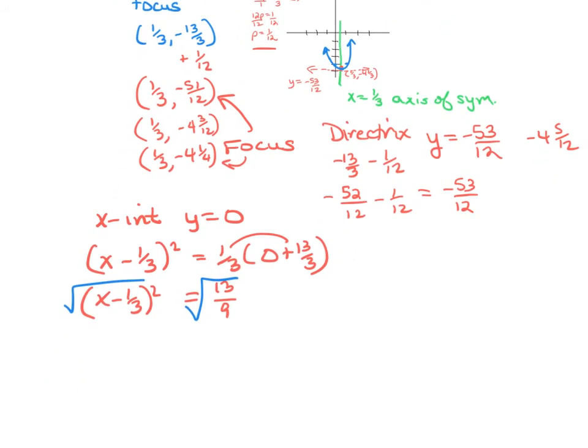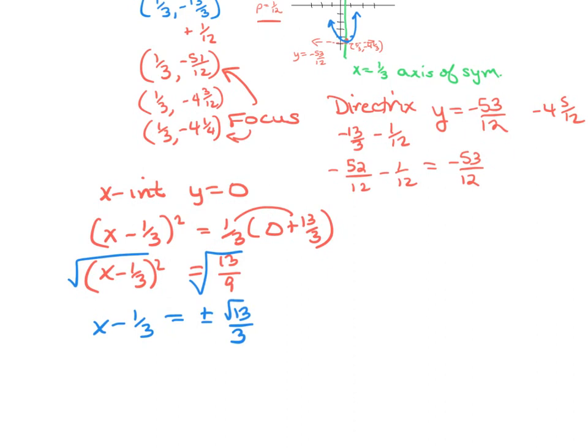So then I get x minus 1/3 equals plus and minus root 13 over 3. I'm then going to add the 1/3, and x equals 1/3 plus or minus root 13 over 3.